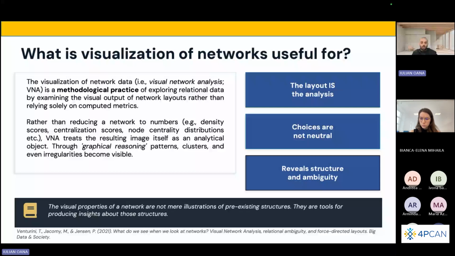The choices that we make in plotting a network will affect the final layout that we reveal, that we analyze, and that we present to our readers.